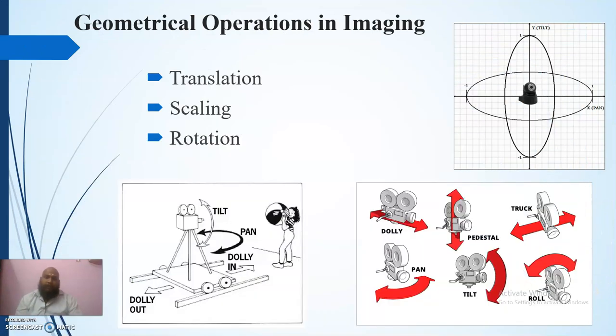Next we are going to see what operations in geometry are carried out while imaging. There are many operations carried out, but the most familiar and probable operations in imaging are translation, scaling, rotation.